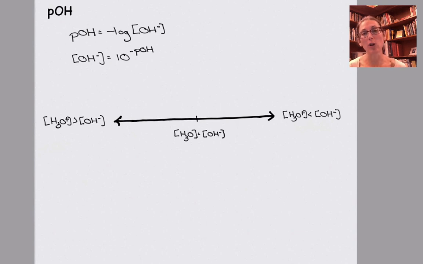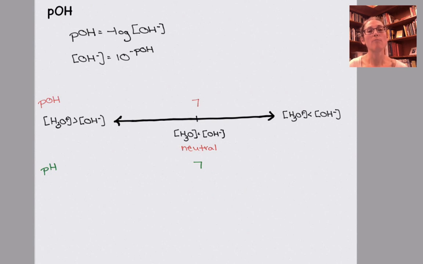Again, when I have a neutral solution, both hydronium concentration and hydroxide concentration will be 1 times 10 to the negative 7th at room temperature. So that gives me both a pH and a pOH of 7.